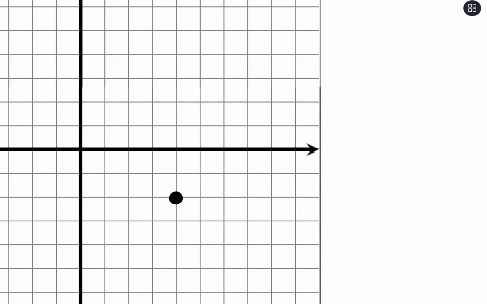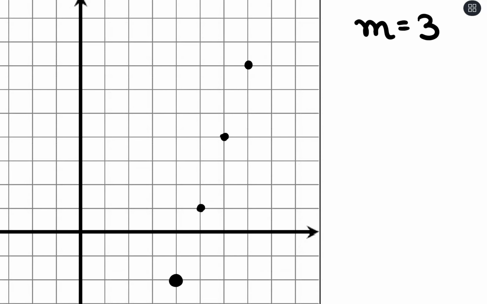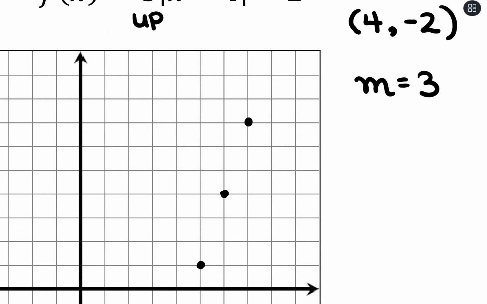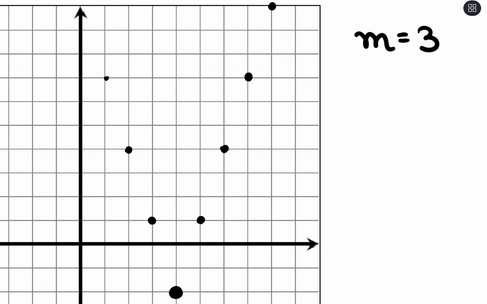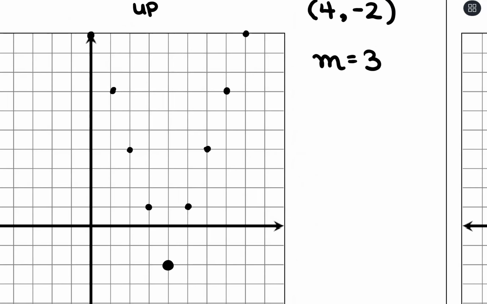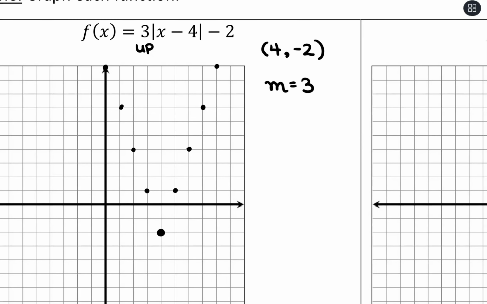So as I go to the right-hand side, I'm going to follow a slope of 3 here. And then as I go to the left-hand side, I'm going to use a slope of -3. And we should always have this nice symmetry coming through. So there's one side, there's the other.